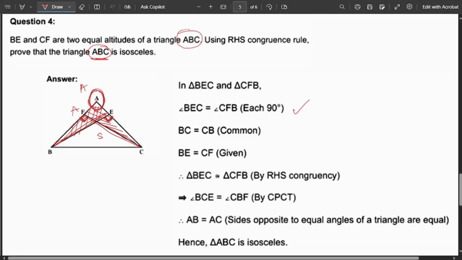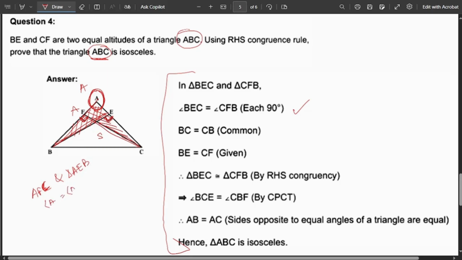Or you can do it in this method also. Otherwise you can consider these two triangles, AFC and AEB, where first, angle A is the common angle.